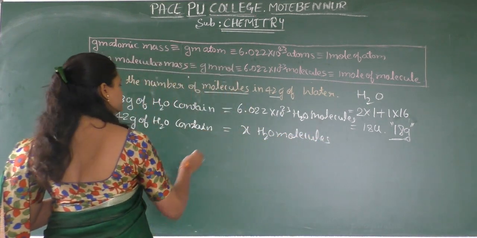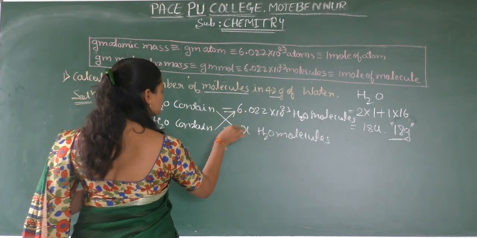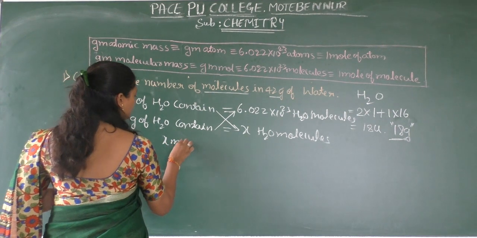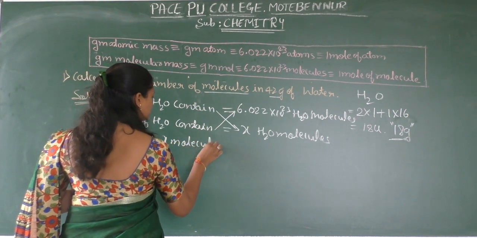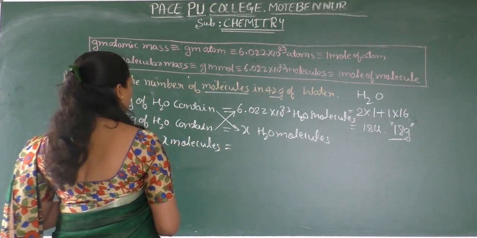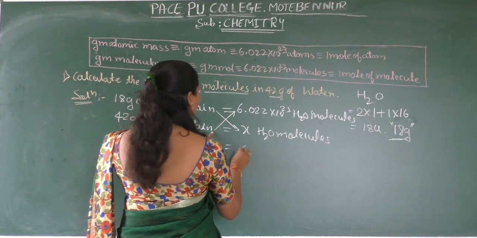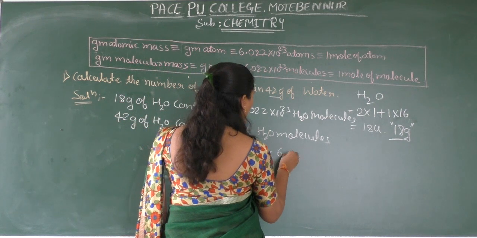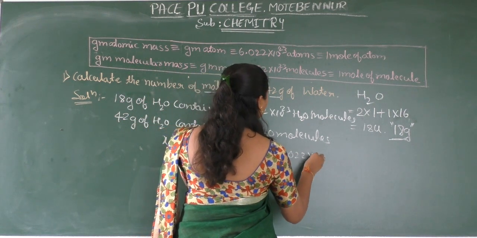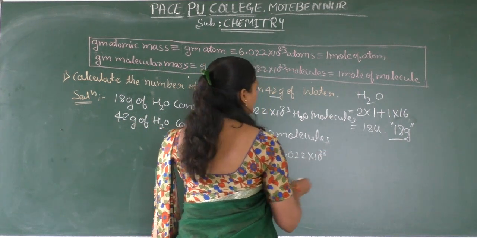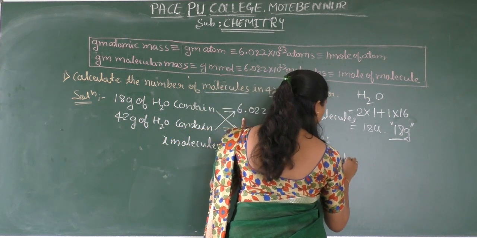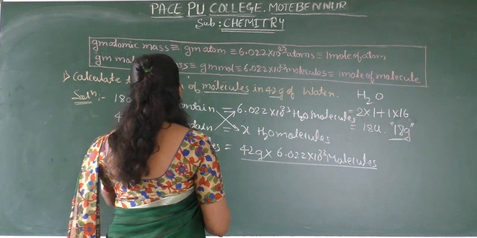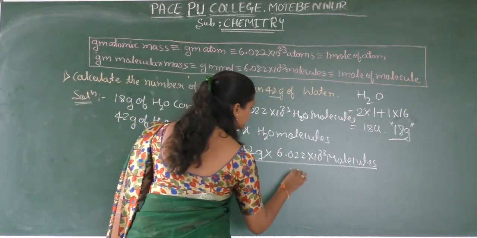Okay, so here cross multiply this one, so it will become X molecules equal to 42 grams into 6.022 into 10 raised to 23 molecules divided by 18 grams.